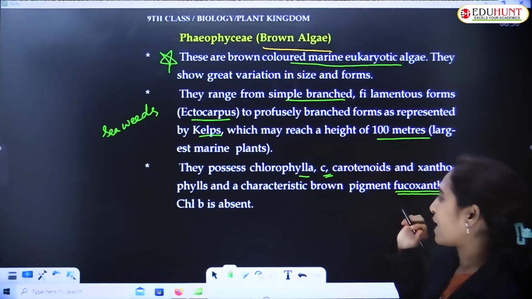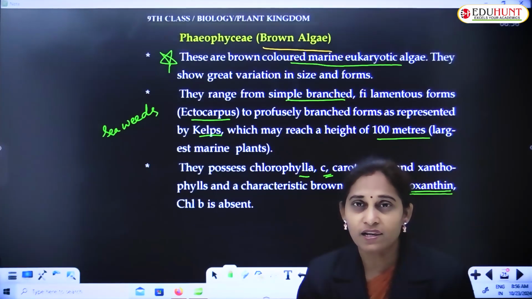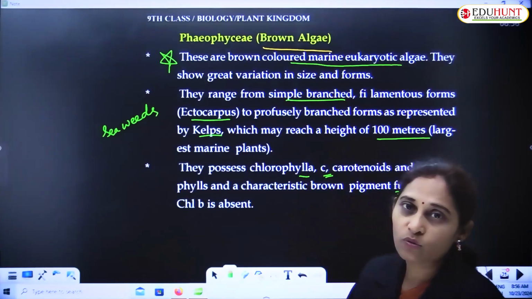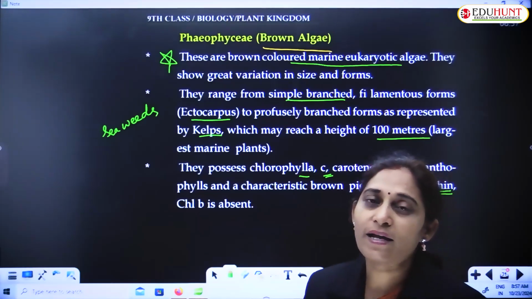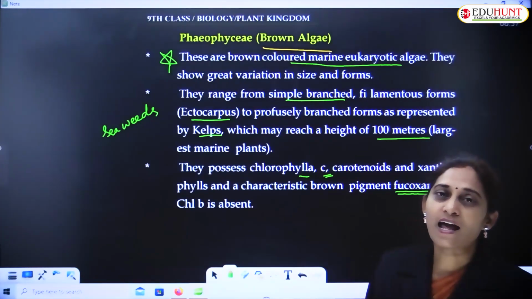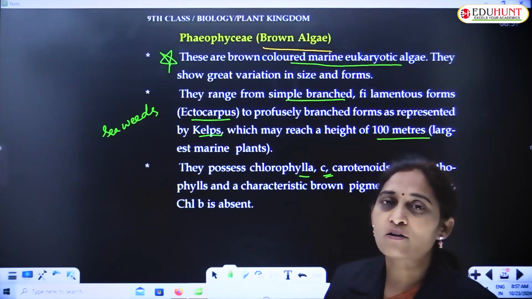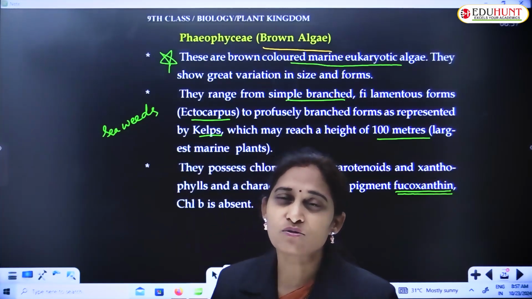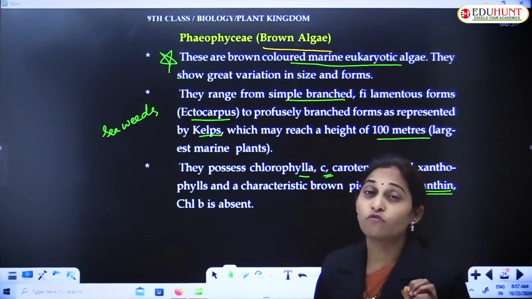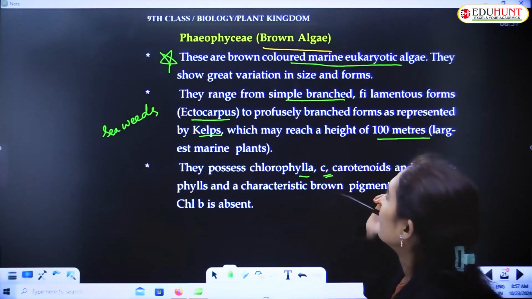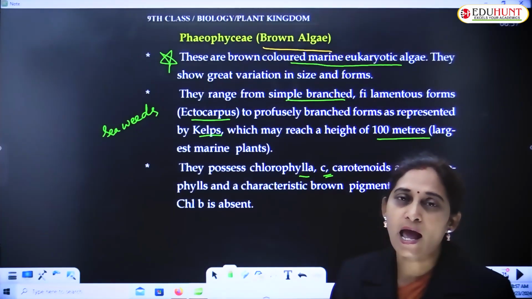ఈ ఫ్యూకోజాంథిన్ అనే పిగ్మెంట్ ఉండడం వల్లే బ్రౌన్ ఆల్గే బ్రౌన్ కలర్లో కనిపిస్తాయి. అదర్వైజ్ దే లుక్ గ్రీన్. గ్రీన్ ఆల్గే గ్రీన్ కలర్లో ఎందుకు ఉన్నాయంటే దానిలో క్లోరోఫిల్ ఏ, క్లోరోఫిల్ బి అనే పిగ్మెంట్స్ ఉన్నాయి. ఫియోఫైసీని బ్రౌన్ ఆల్గే అంటాం.